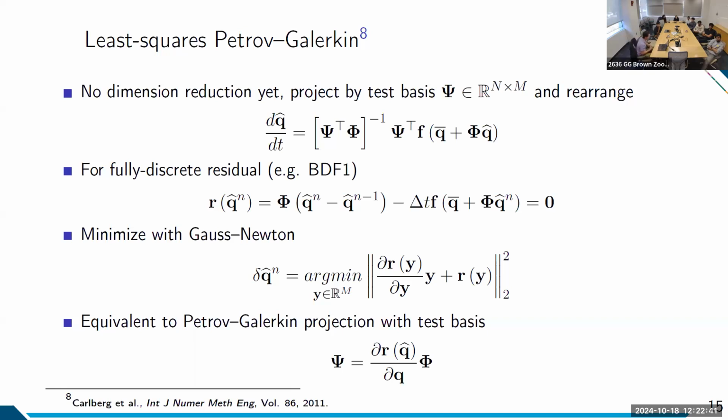The way you compute that test basis psi is by minimizing the fully discrete residual of your system. After you have discretized your system in time, you minimize that with Gauss-Newton, and solving the normal equations of that least squares system ends up being equivalent to a Petrov-Galerkin projection with a test basis given by the residual Jacobian times your trial basis.